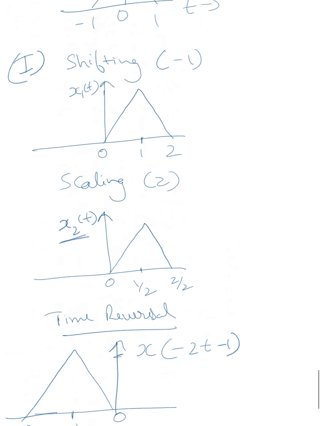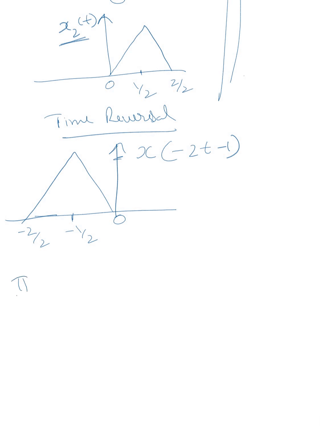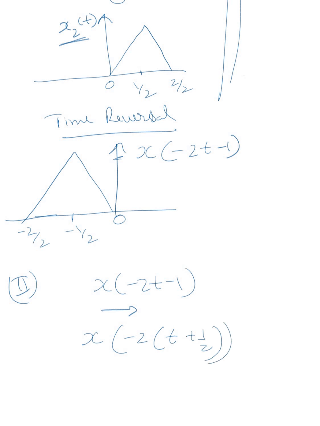And the same thing you can implement using the second method, that is when we move from left to right. But in this method, we have to initially do some processing, that is, we take minus 2 common, t plus 1 by 2. The purpose is that the independent variable should not be scaled by anything.